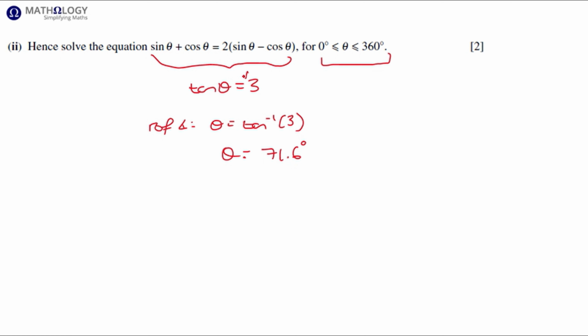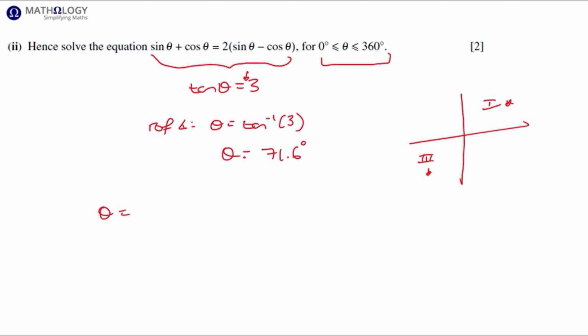Now because this ratio, tan theta, equals positive 3, it's a positive ratio, that means that our solution lies in either quadrant 1 or quadrant 3, where the ratio tan theta is positive.